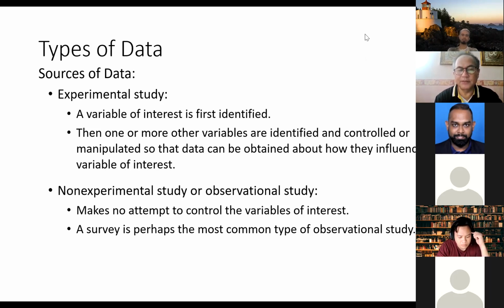For applied science as well as social science, we do non-experimental or observational study. So we make no attempt to control the variables of interest, but we do observation and surveying.